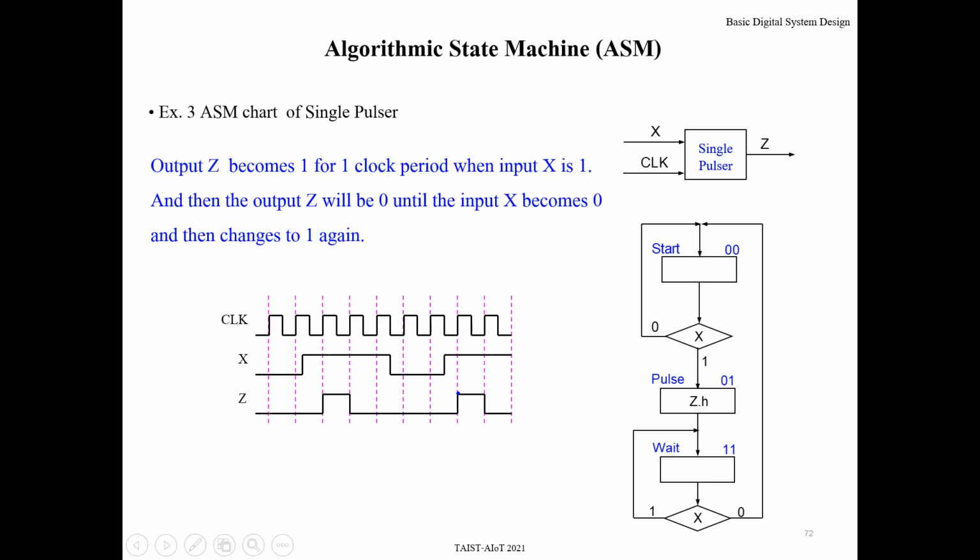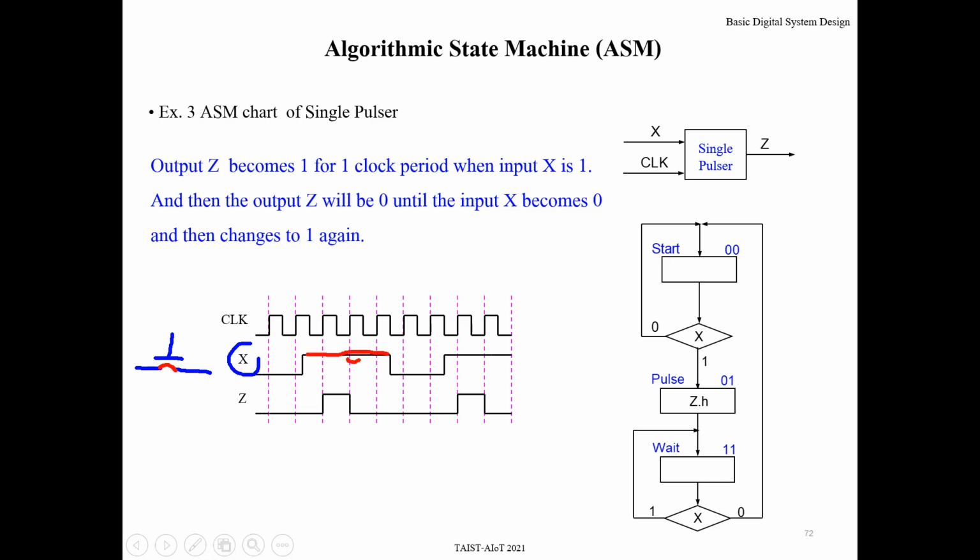Okay, this is the situation, something like when you press a switch. Assume X is from a switch. When the user presses the switch, assume input X becomes high, right?